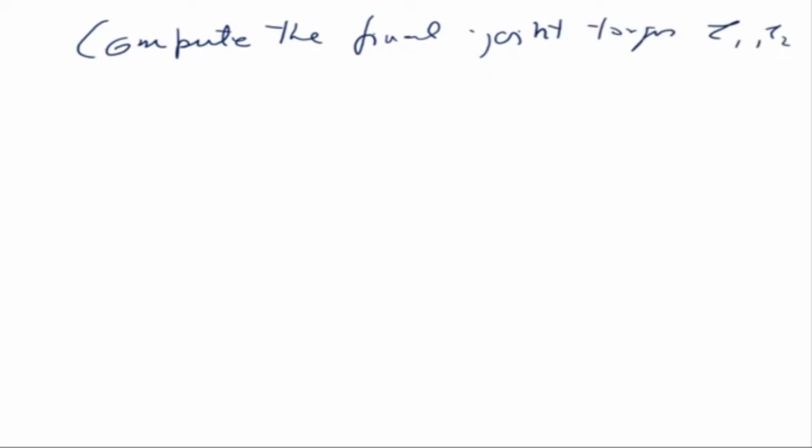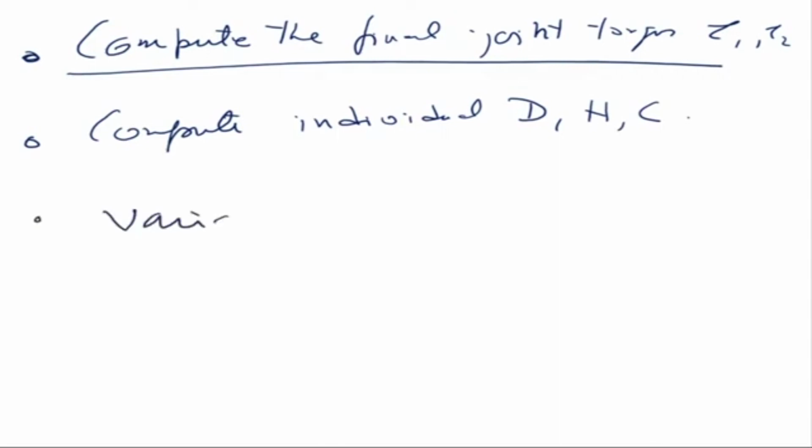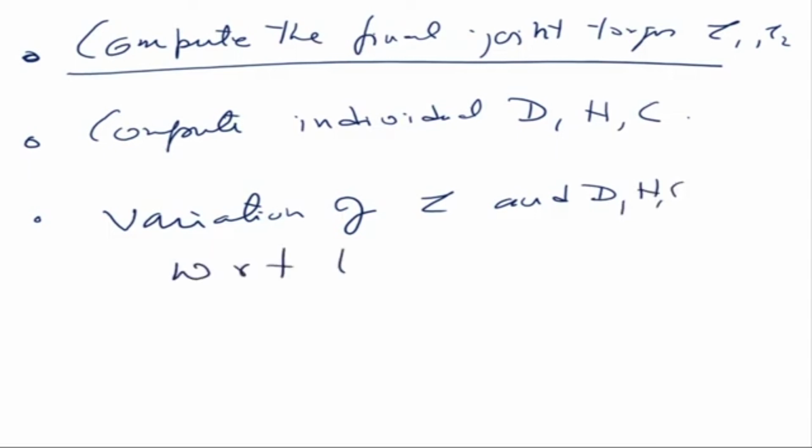Now after that, we also want to compute the individual D, H and C components with respect to time, and we want to see the variation of tau and D, H, C with respect to time.